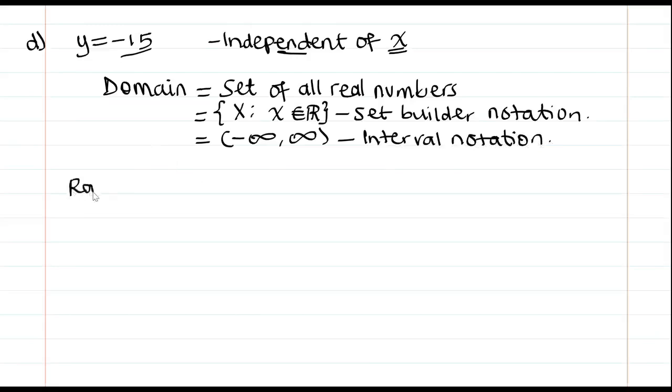How about the range? We have said that range are the values of y, remember, which are well defined by the domain.